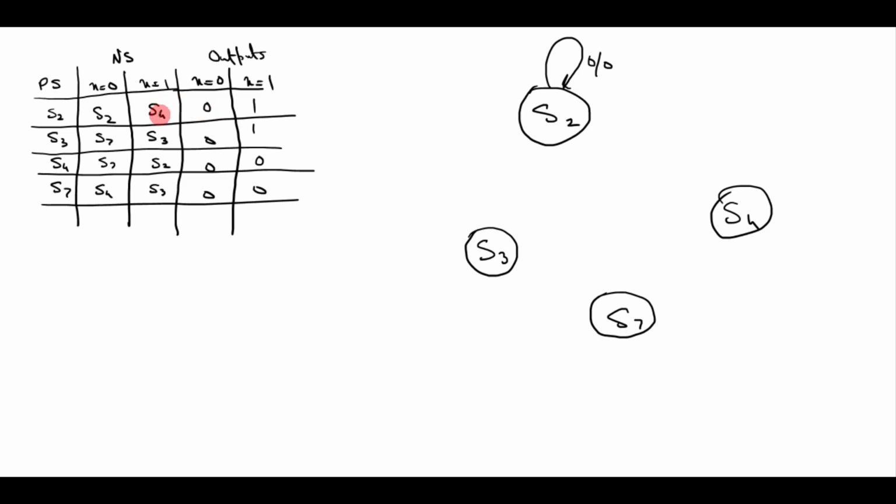And when you apply 1, you move to S4 and your output is 1. Now at S4, when you apply 0, you move to S7 and your output is 0. And when you are at S4 and if you apply 1, you move to S2 and your output is 0.